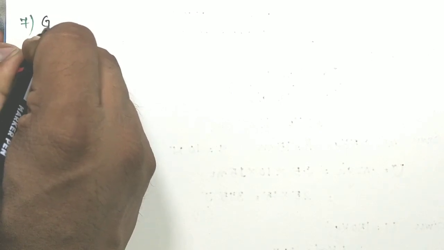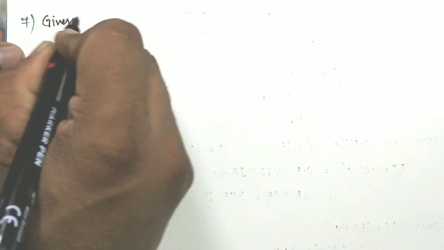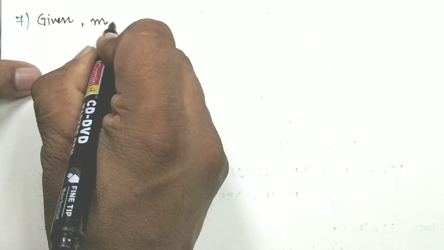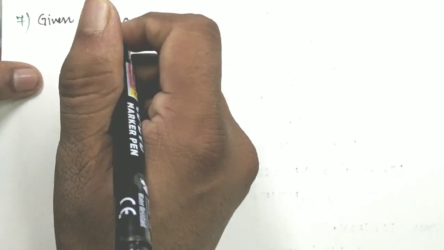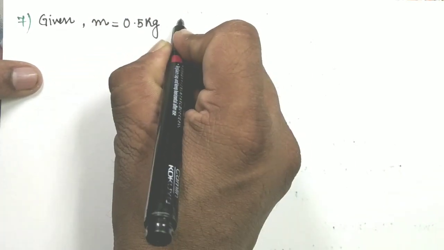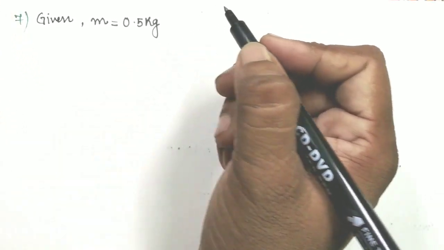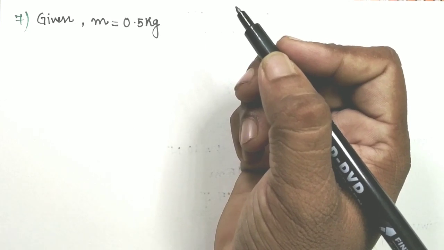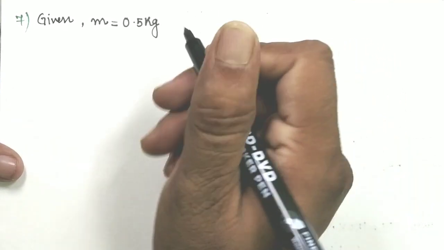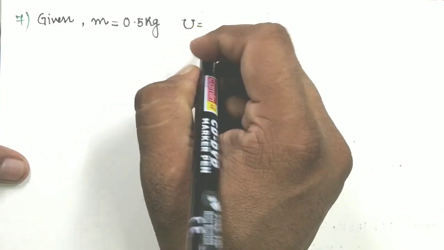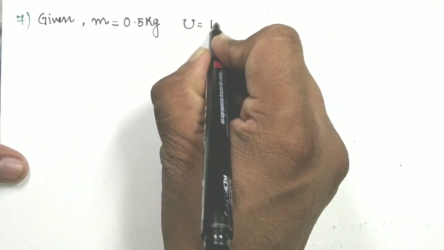So what is given? First we will list according to the question. The given things are that the mass of the body is 0.5 kg, which is having the potential energy at a height h equal to 100 joule.